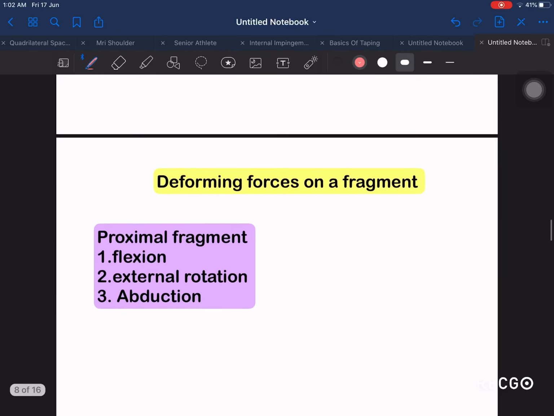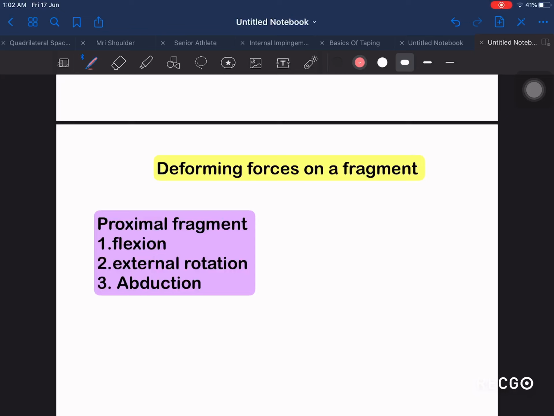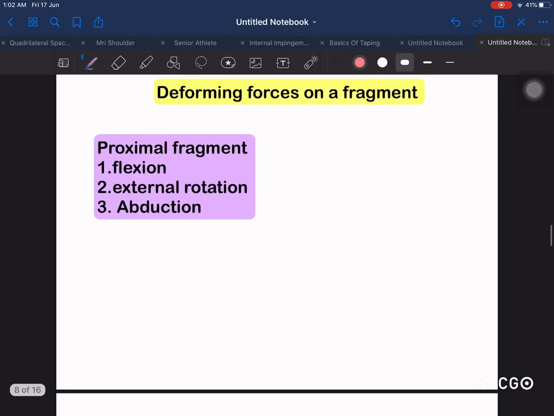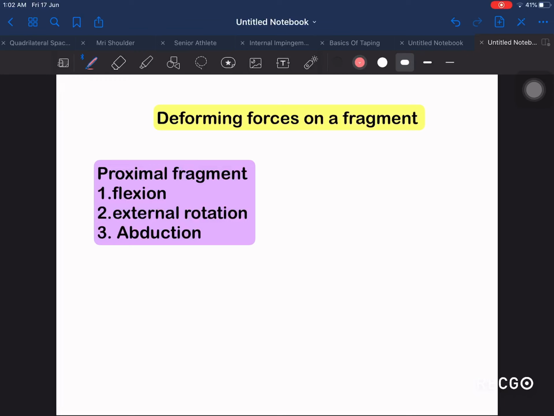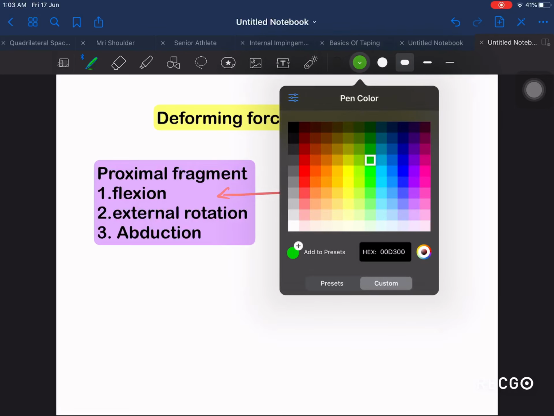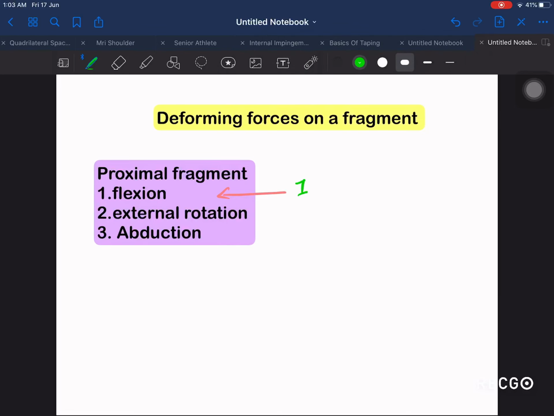Now, when we look at a femur fracture, we have to look at the proximal fragment, that is above the fracture line, and the distal fragment, that is below the fracture line. A question has been asked previously: what will happen to the proximal fragment in case of a shaft femur fracture? The proximal fragment will go into flexion, because of the unopposed pull of the iliopsoas muscle.